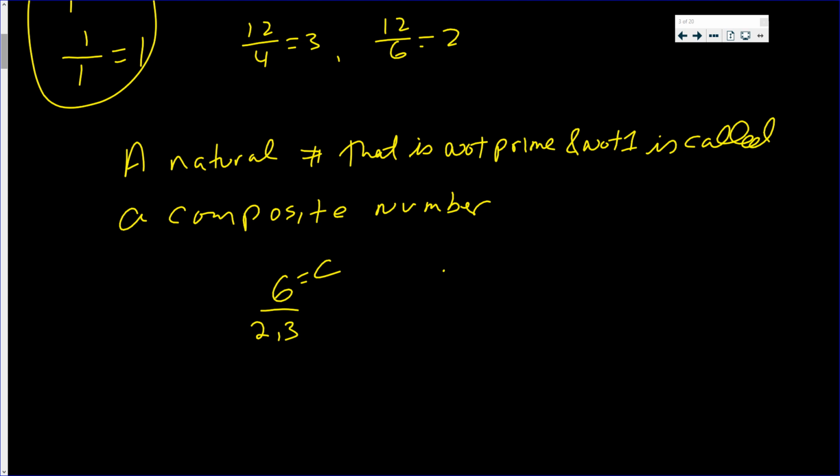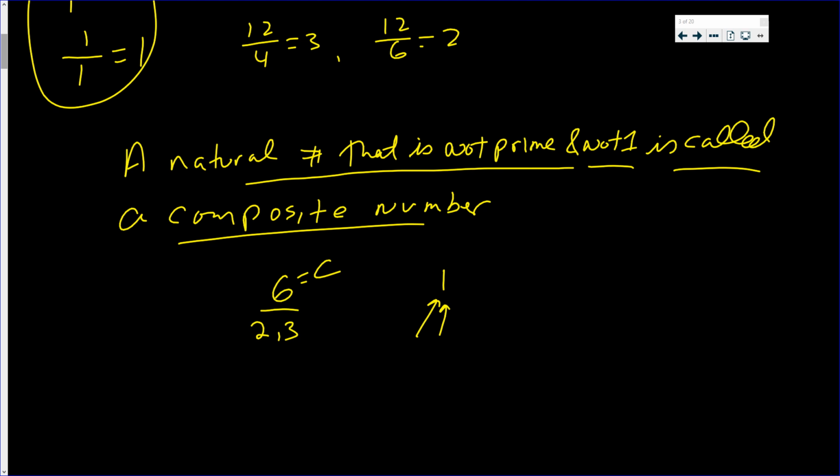Is the number 1 composite? I mean, it's not prime. No. We said a natural number that is not prime and not 1. That's 1. Is called composite, but we removed it. We said 1 is not composite either. 1 is neither prime nor composite.